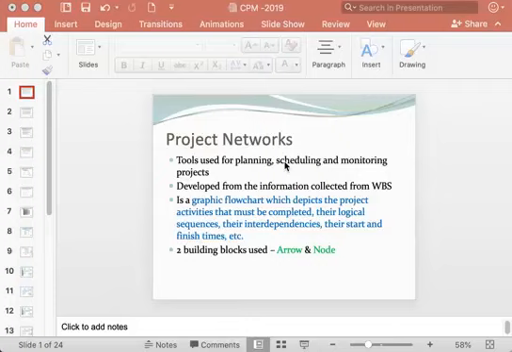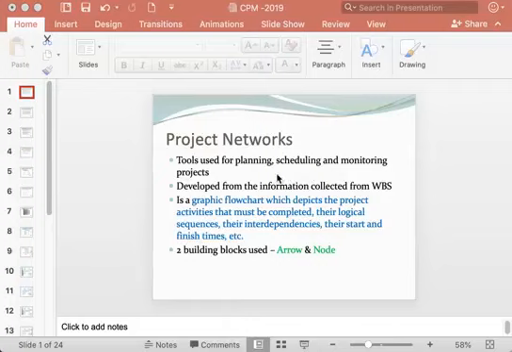And the project networks are prepared from the information collected from the work breakdown structure, from where you can get the information about the details of activities.